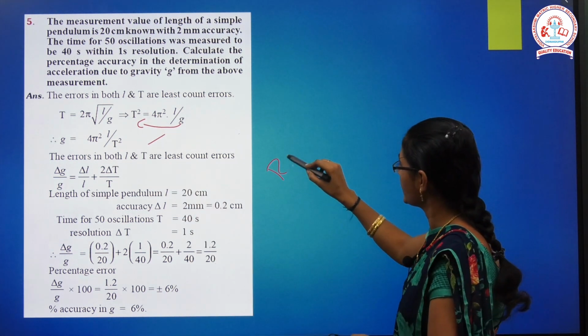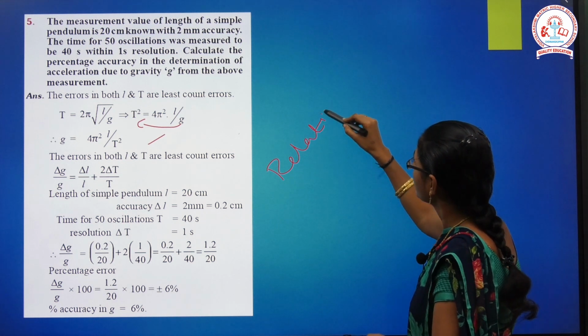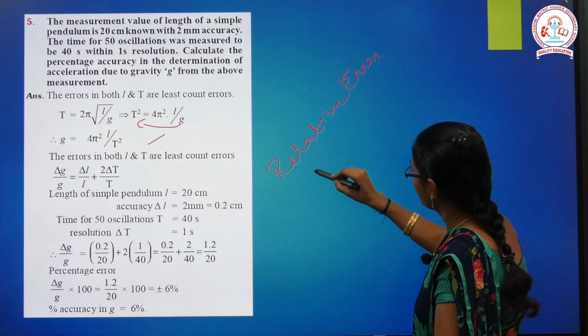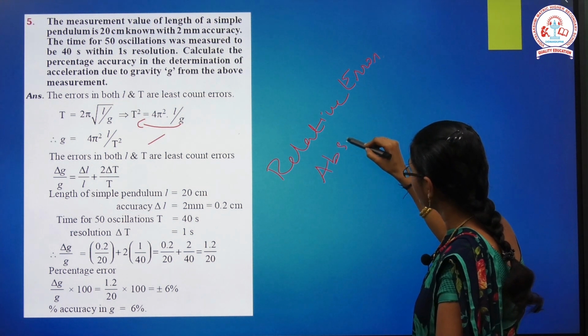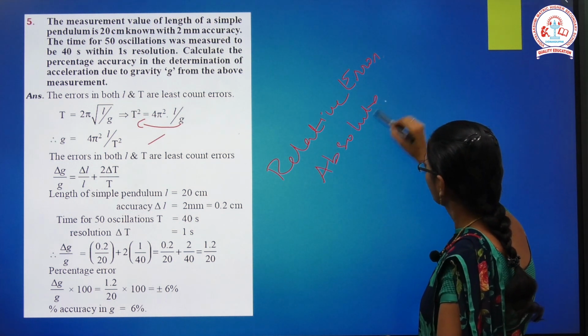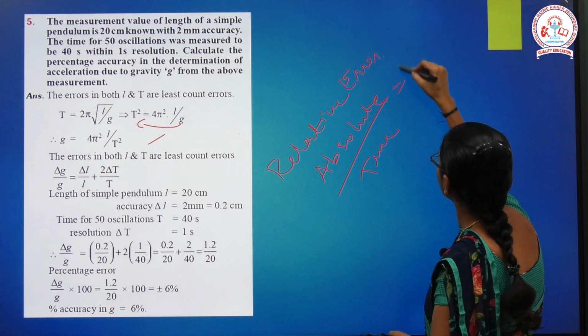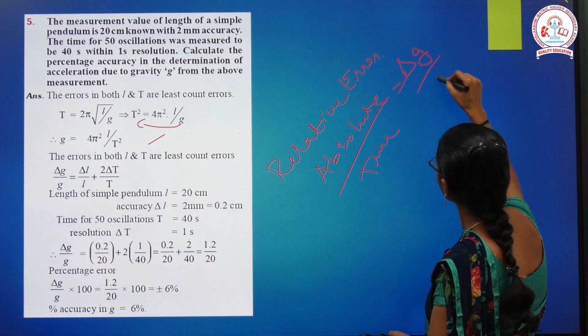And next, we have to use one formula, that is the relative error formula. What is the relative error formula? Relative error is the absolute error divided by the true value, that is delta g by g.